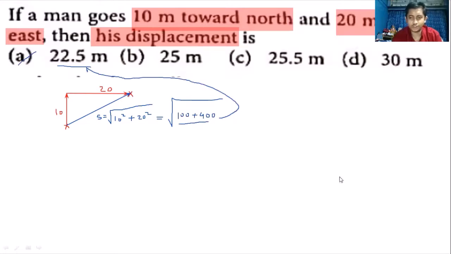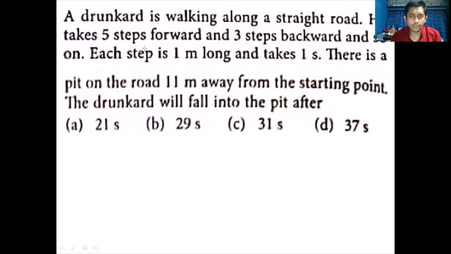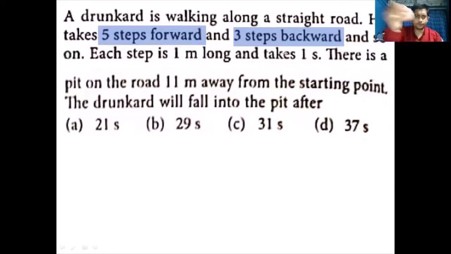Let's move on to the next question. A drunkard is walking on a straight road. He takes 5 steps forward and 3 steps backward. Means he will move forward 5 steps and then come back 3 steps, and so on. Every time he will move 5 steps forward and 3 steps backward.